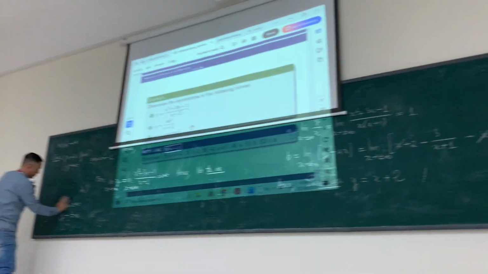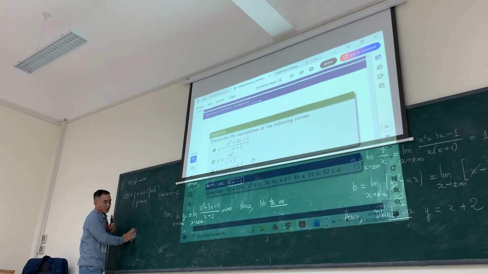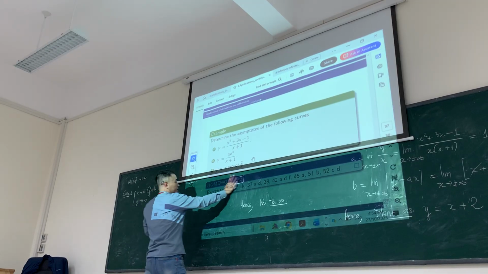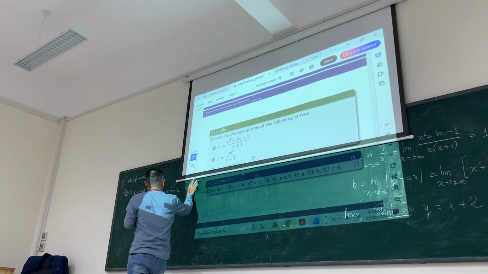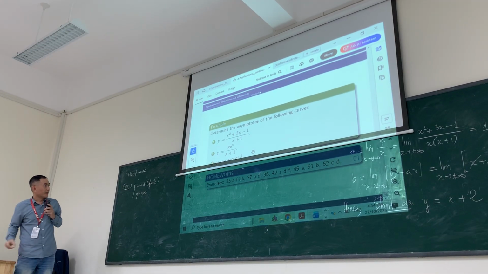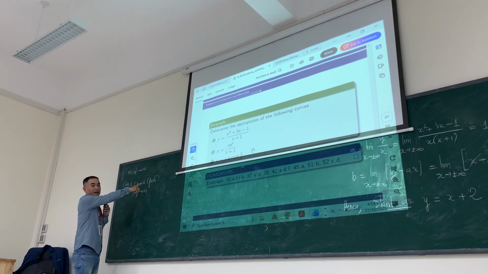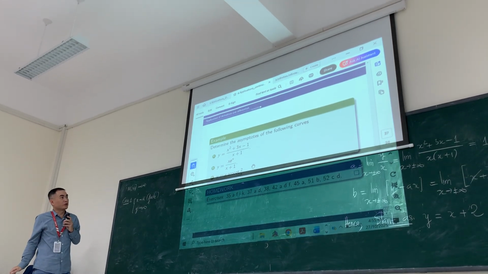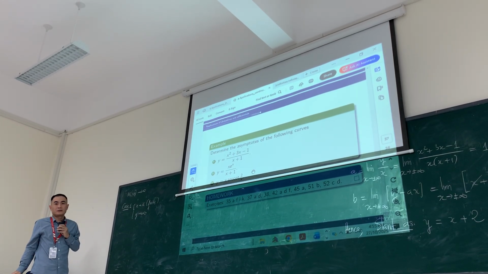We divide the source into 2k. Now, K1: x tends to finite, y tends to plus or minus infinity. Now, what do you think about A? Negative 1.